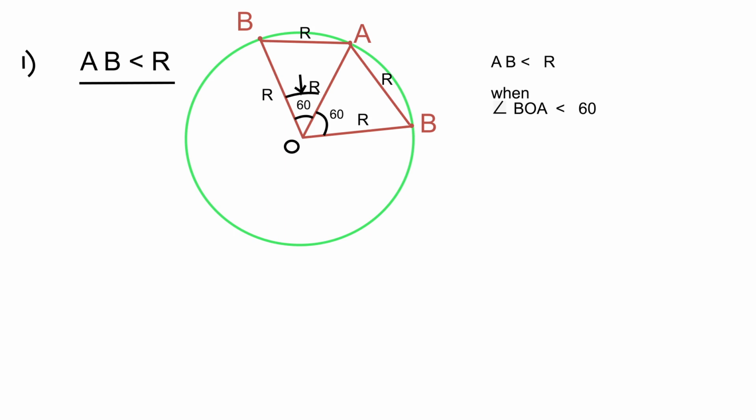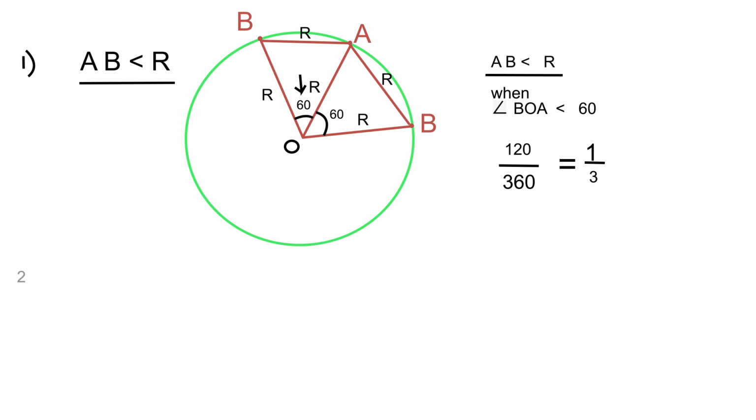So that means that from here to here, which is 120 degrees, is basically our range for the criteria to make AB less than R. So 120 over the full, complete 360 degrees is our probability of making AB less than R. So 1/3 takes care of this scenario right there.